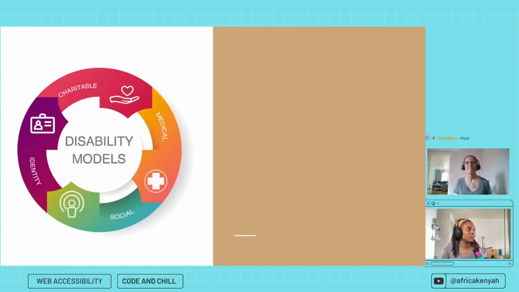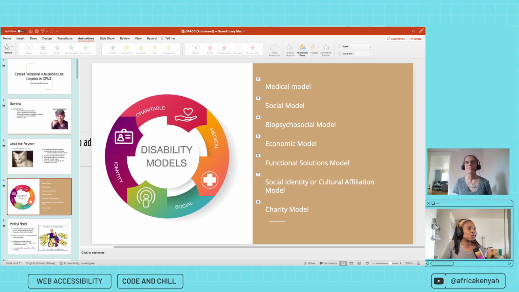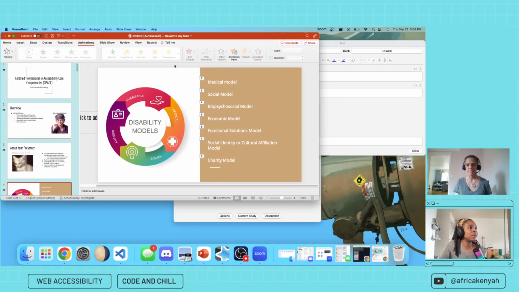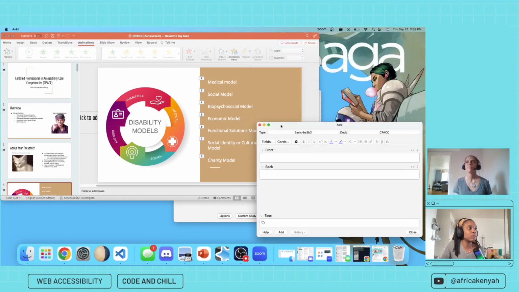All right. So let's get into disability models. And I have to figure out how to not have this extend over both of my screens so I can actually see the chat. Let's see if I can do that. I might have to not make it an actual cute presentation the way that I want to, unfortunately. All right, sounds like what I'm gonna have to do. The other thing I'm gonna do, since I'm doing this, is put my Anki up right next to it so that I can easily get to making cards.